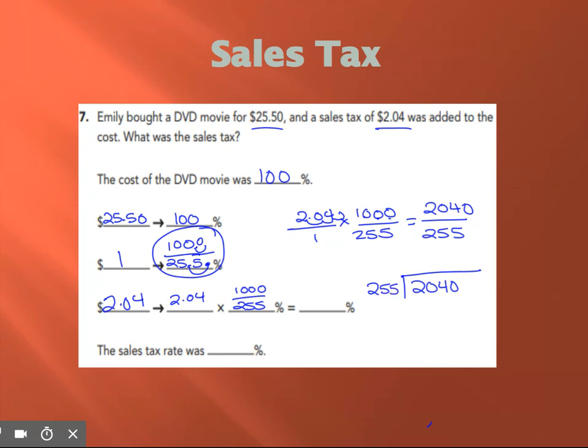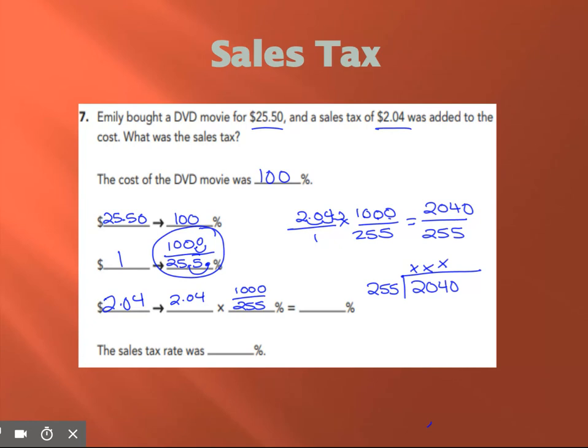This is a little bit of a guessing game. 255 is a big number. So I can tell right now that it can't go into 2, it can't go into 20, it can't go into 204. But 255 is close to being 10 times to get to 2,040.